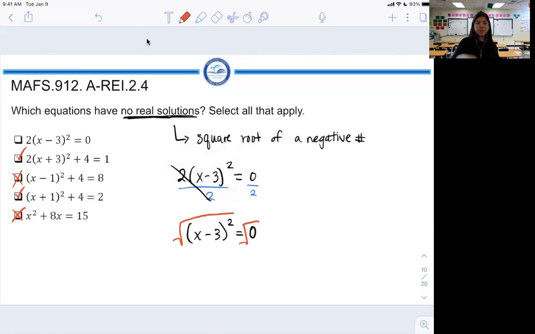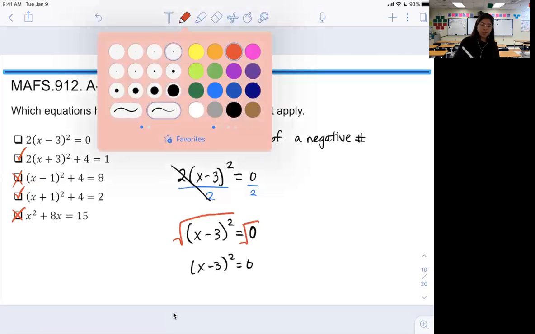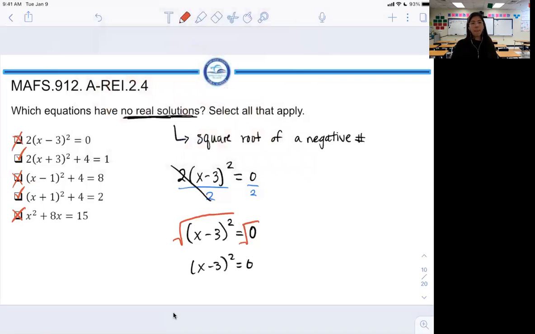It's 0. So can you take the square root of 0? Yeah, the square root of 0 is 0. Oh, wow. So will I have no solution? No, you do have a solution. So this one does not count.